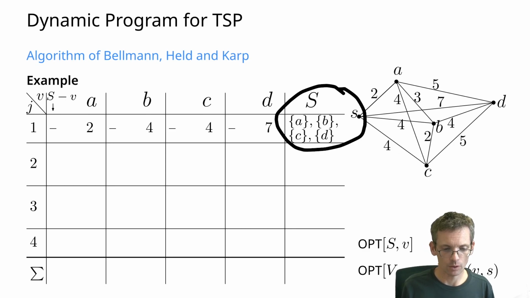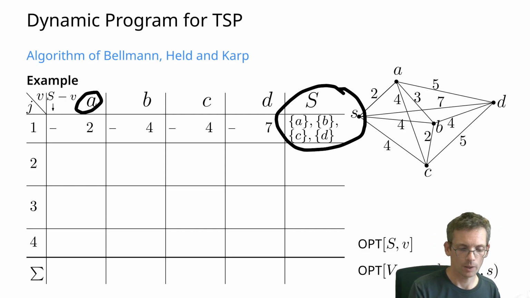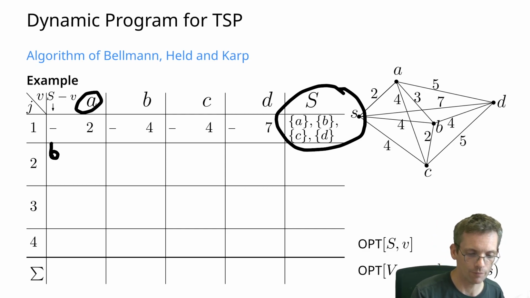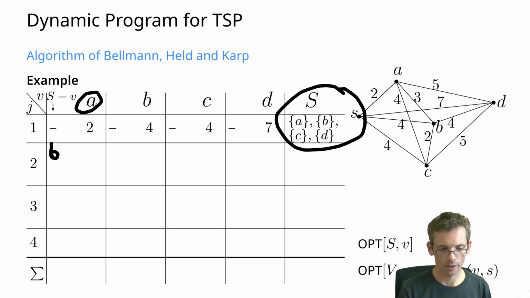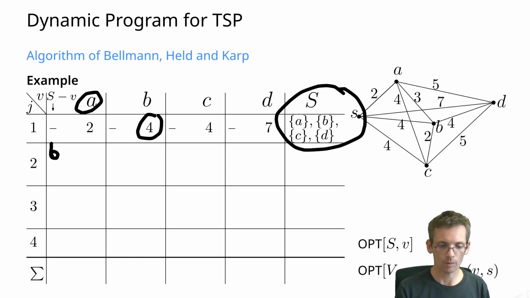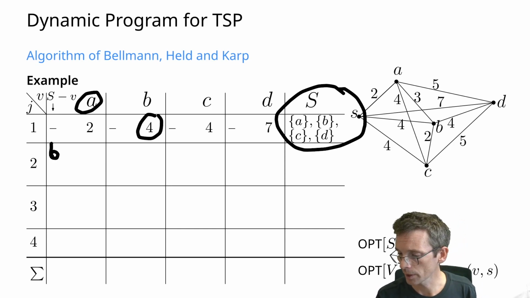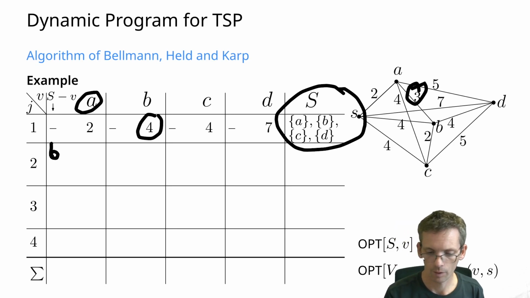Now, let's look at 2-element subsets. So let's assume I want to end on A, but intermediately I have visited B. How do I calculate it? I take the optimal solution from S that brings me to B, with nothing in between because I'm only visiting A and B. And then I still need to go to A, so I look up the edge from A to B. From A to B, I have the length 3.